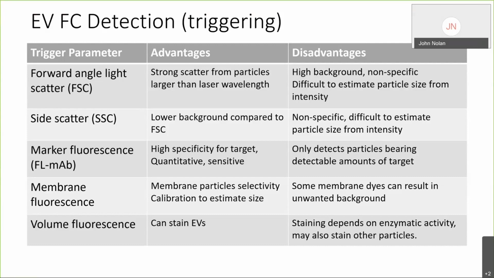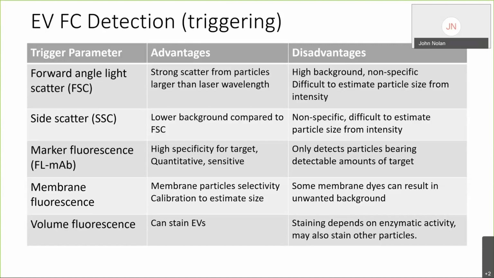because it has lower background scatter. Whereas both light scatter is a non-specific signal, lots of things scatter light besides vesicles. Actually, vesicles don't scatter much light at all because they have a very low refractive index. And so a number of groups have pointed out and taken advantage of the advantages of fluorescence for triggering detection.